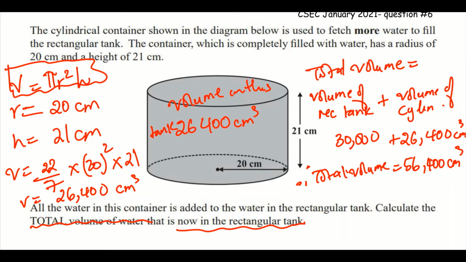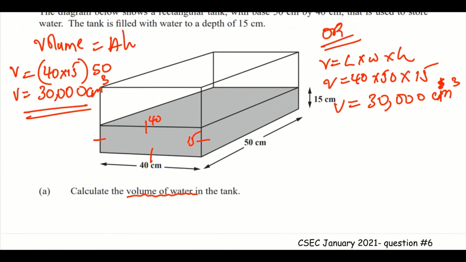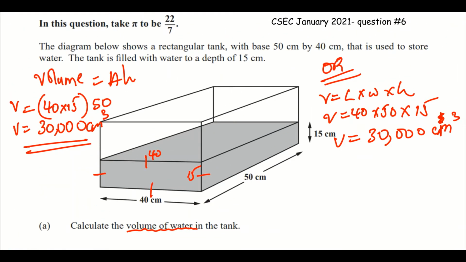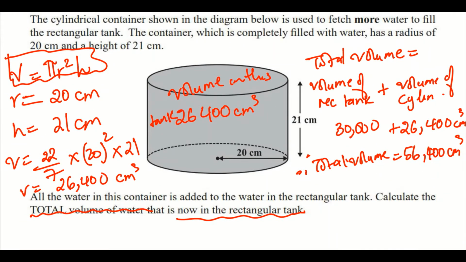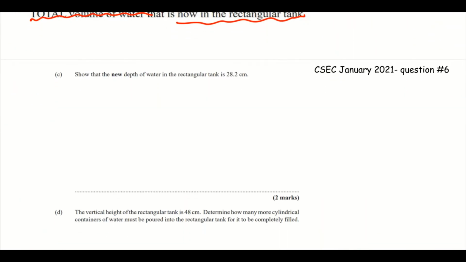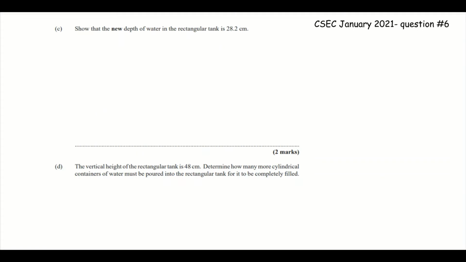So they add the water from this cylindrical tank into this rectangular tank. Before, the depth of the water was 15 centimeters, and by adding the water from this tank, the depth is now 28.2. Now they're asking you to prove or to show that the new depth is actually 28.2.